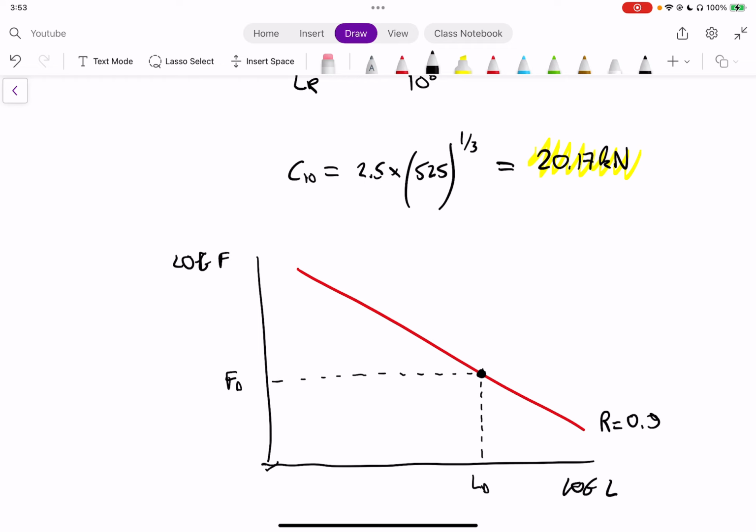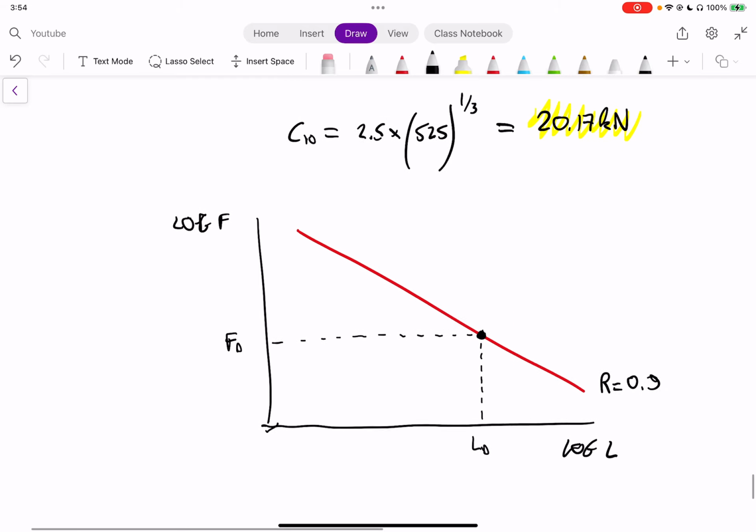But since this graph represents the equation above, in order to figure out what type of force I need, I need to figure it out at my L sub R. And I know that my L sub R is equal to 10 to the 6. I know that L sub D is 525 times 10 to the 6. This graph is probably not very aligned, although it is a logarithmic scale, so it does kind of make sense.